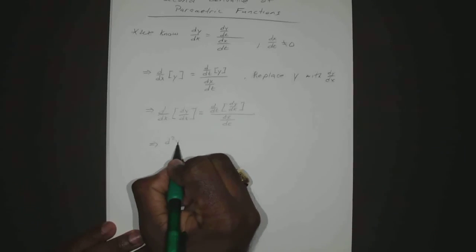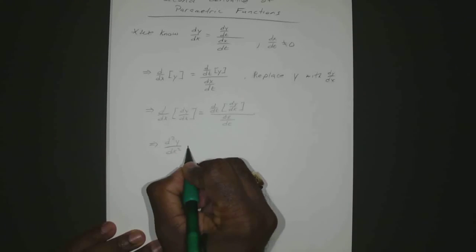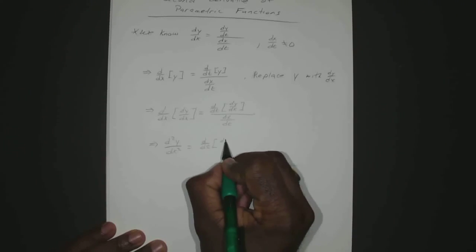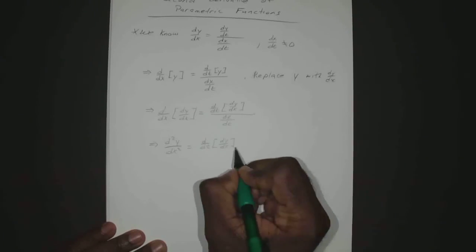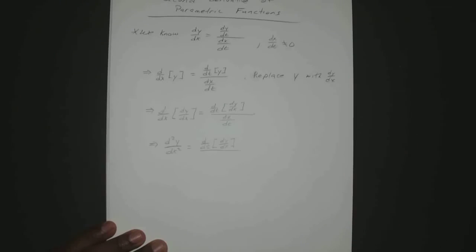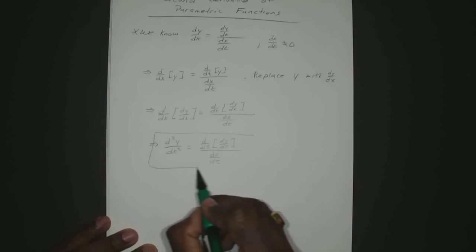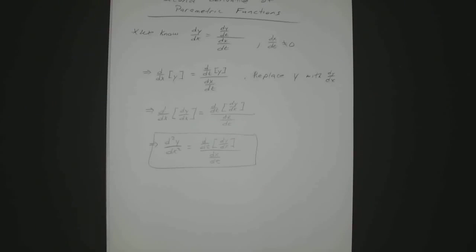Which gives us the second derivative of y with respect to x equals the derivative with respect to t of dy dx, because we know our dy dx is just going to be a function of t, over dx dt. And that's how you get your second derivative for a parametric function.